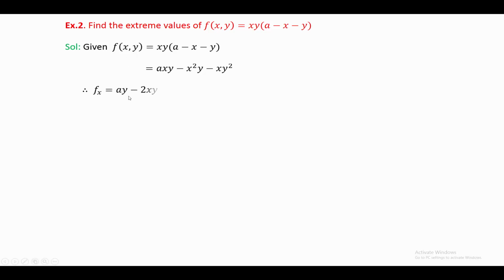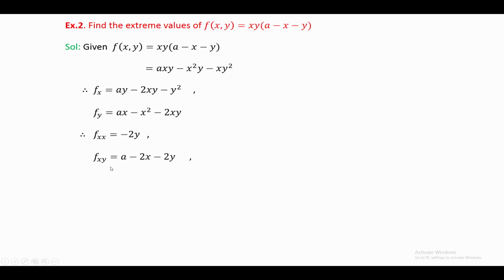Then find fx, the partial derivative of function f with respect to x, is ay minus 2xy minus y square. Next, fy, the partial derivative with respect to y, is ax minus x square minus 2xy. Then f double x, the derivative of fx: derivative of ay is 0, minus 2y, and derivative of y square is 0.